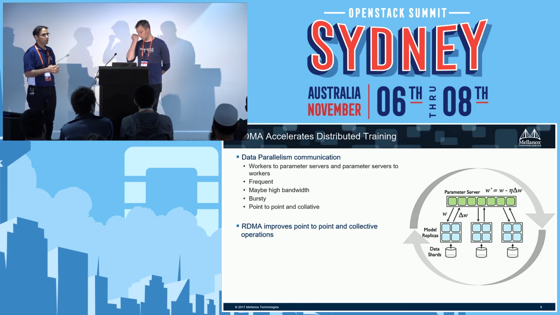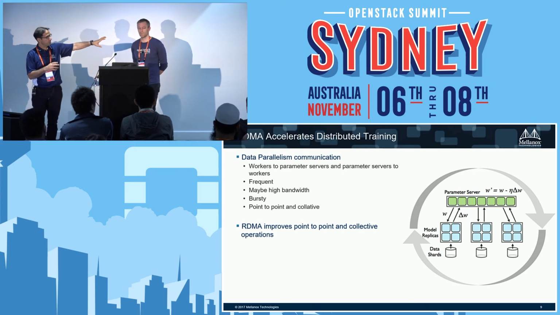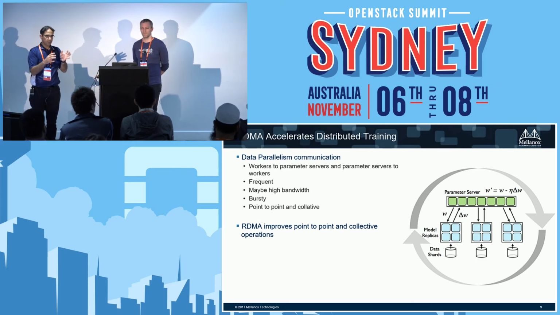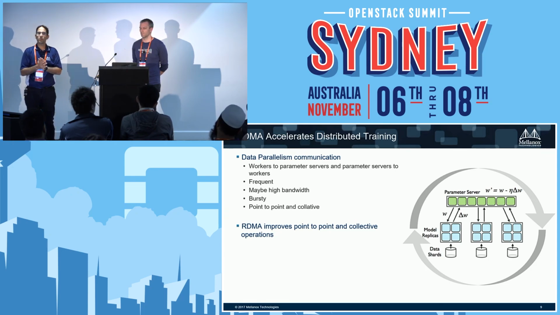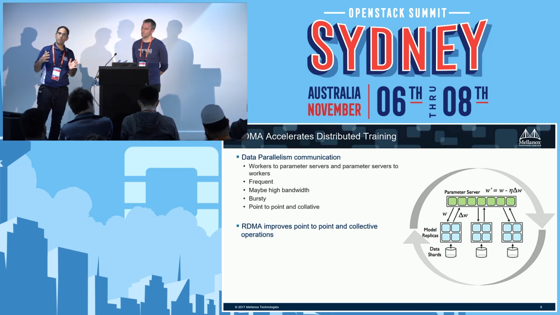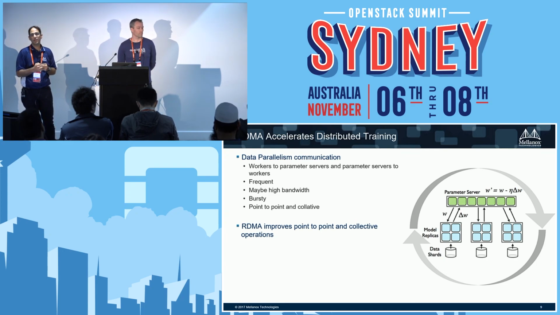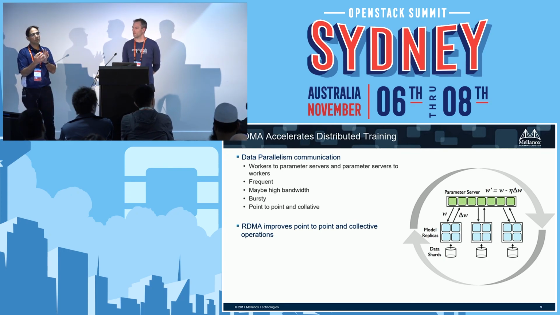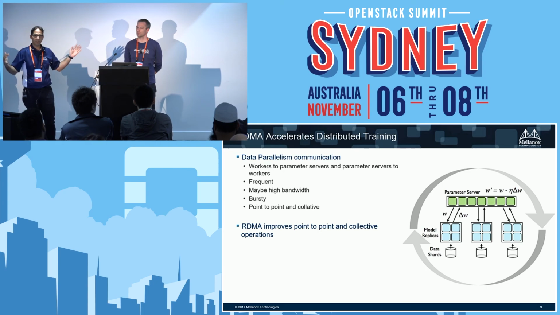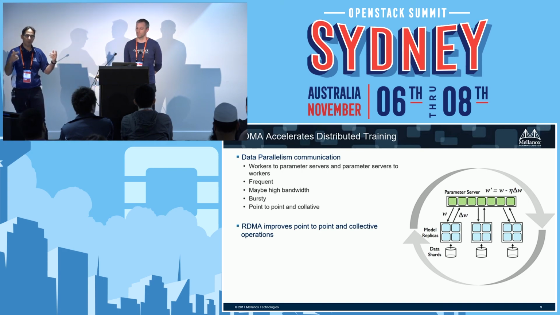This model is called data parallelism, where every worker holds the full model, the network model of the neural network, and the data is split between the different servers. Every server calculates part of the model, and then a parameter server consolidates this information, does an averaging, and returns it to the worker, and this goes on in an iterative manner until the model converges.